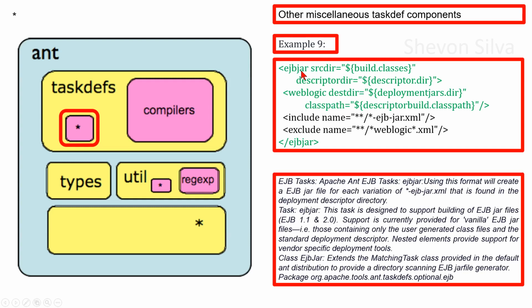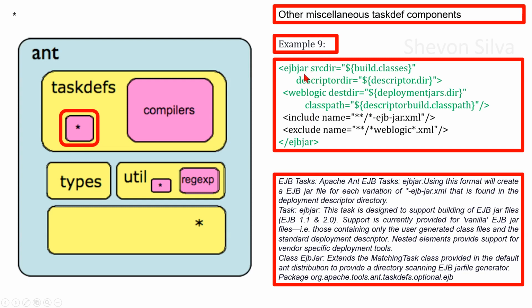The task works as a directory scanning task and performs an action for each deployment descriptor found. As such, the includes and excludes should be set to ensure that all desired EJB descriptors are found.